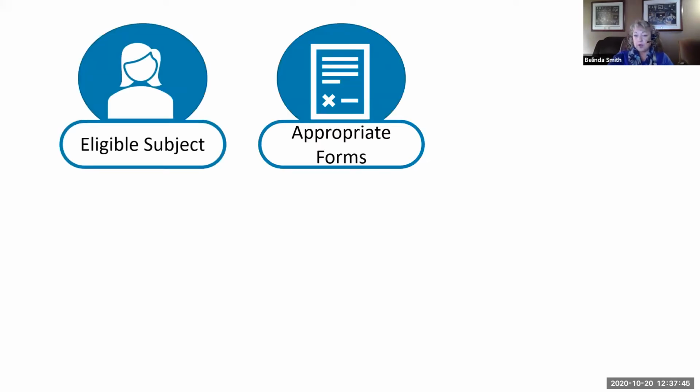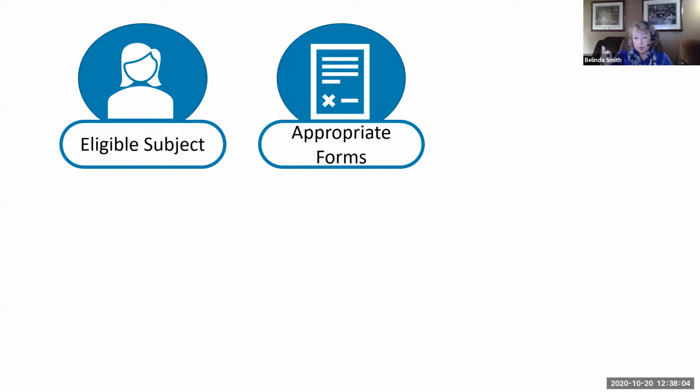The components, these are in a nutshell. Keep in mind, we spend 4 hours on these in our informed consent workshop, but in a nutshell, you have an eligible subject, you have appropriate forms, and by that, I mean the forms are going to have the 9 basic required elements that are in the regulations: the purpose, the risks, benefits, alternatives, etc., and any additional elements that apply.